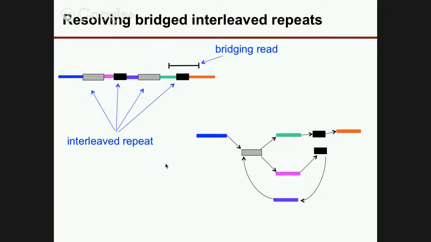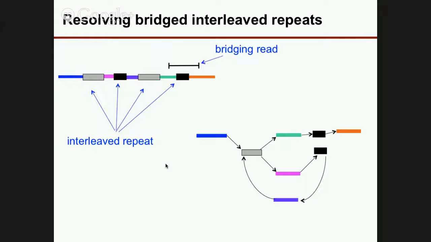Because I know that this read goes here, then I know that whatever starts here should go to this. So I could create another copy of this guy. And this copy connects from the green to the light brown. And now this repeat is resolved by this bridging read. And now I can find the unique Eulerian path.